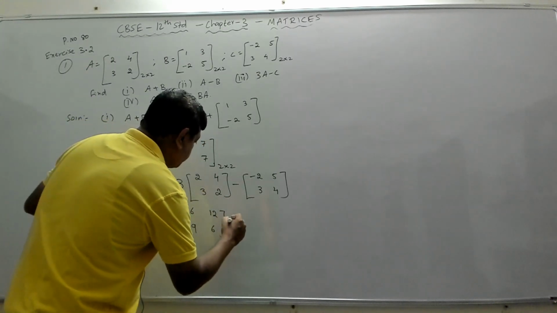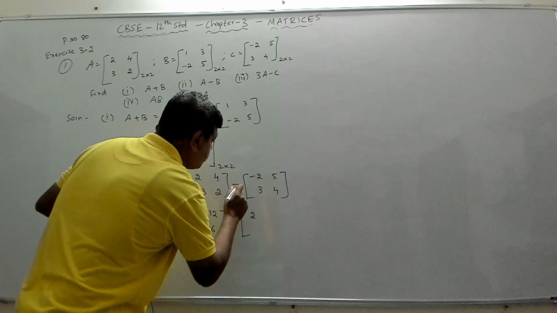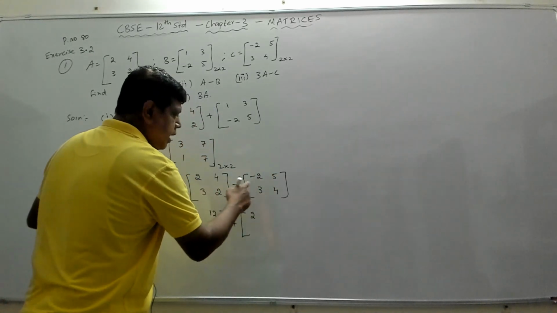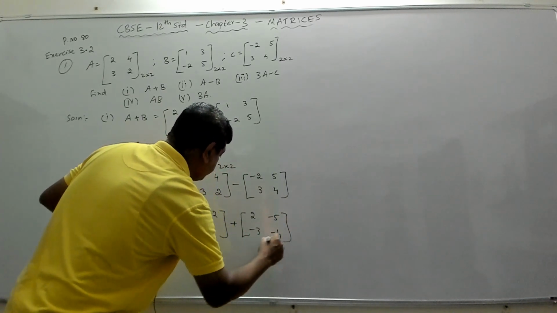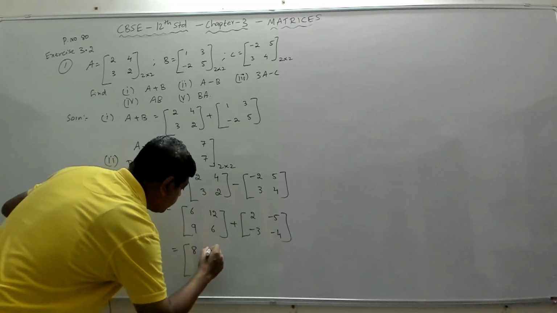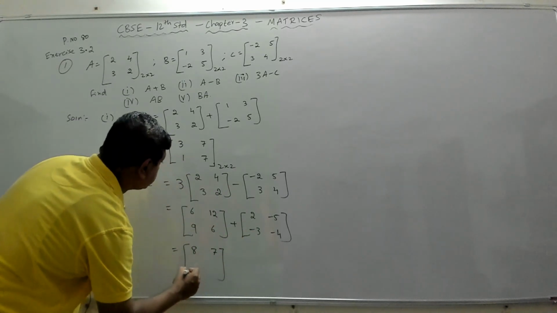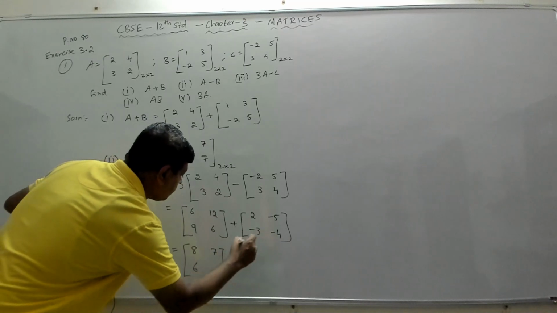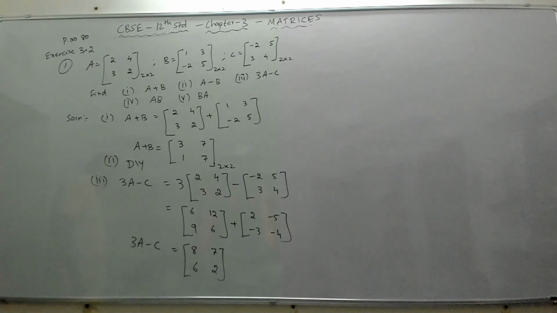For the minus you can put plus and take the minus inside, so every element will be multiplied with the minus. Or you can even directly subtract, that is also fine. So it becomes 2, minus 5, minus 3, minus 4. Then we should add them. 6 plus 2 is 8. 12 plus minus 5 is 7. Then 9 minus 3 is 6. And 6 minus 4 is 2. So this is your 3A minus C matrix.